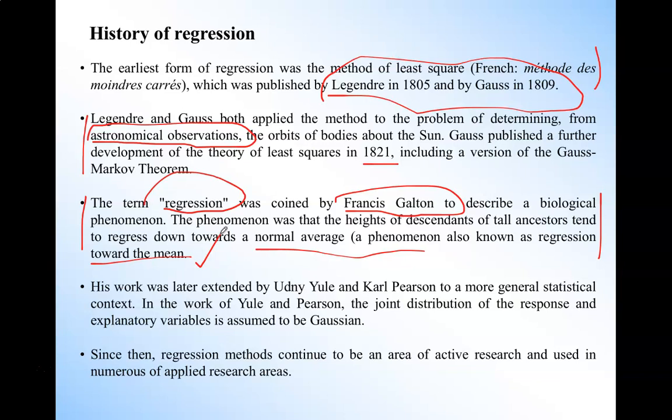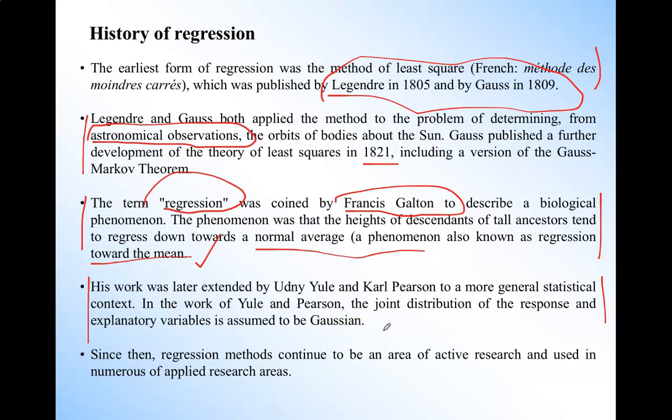And today we have a lot of types of regression, and what I'm going to expose to you in this chapter is the basic regression, which is called ordinary least square, in short OLS. It was also extended by the work of Yule and Pearson, and what we know today as Bayesian correlation and all those related to it.